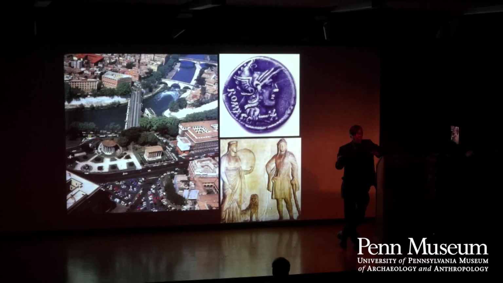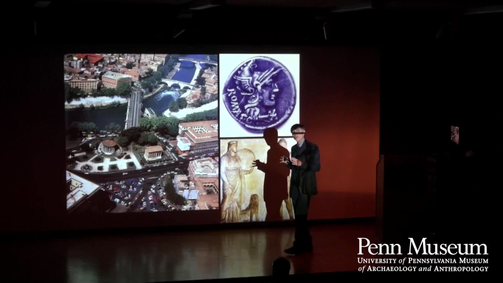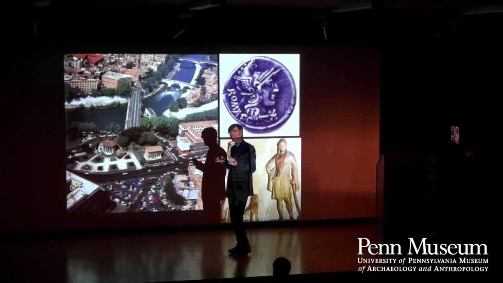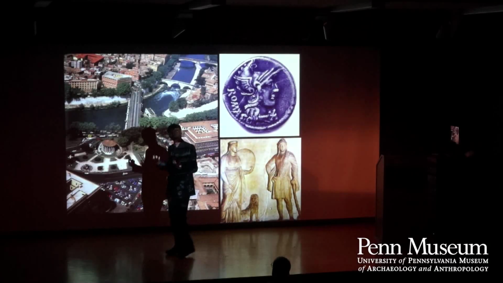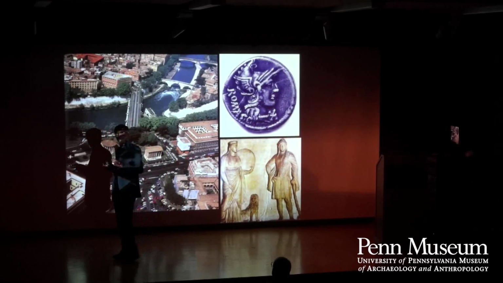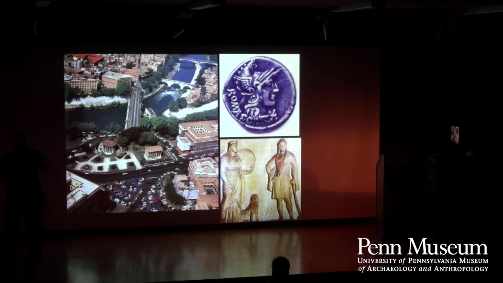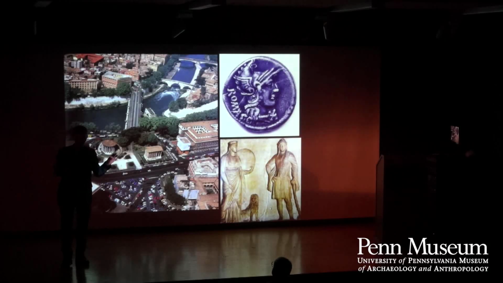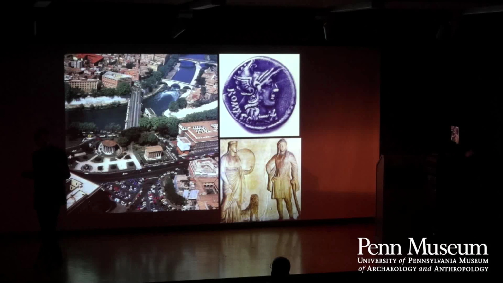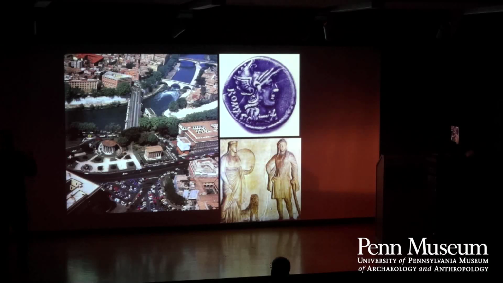They would come back with as much booty as they could carry, as many stolen works of art, paintings, sculptures, gilt candelabra, whatever they could take from the areas that they conquered, they would bring back to Rome and parade them through the streets of the city in enormous triumphal processions. So, for example, when Aemilius Paulus, one of the great Roman generals of the 2nd century BC, is victorious in Macedonia, we hear that he brought back as many as 250 wagons of stolen art.